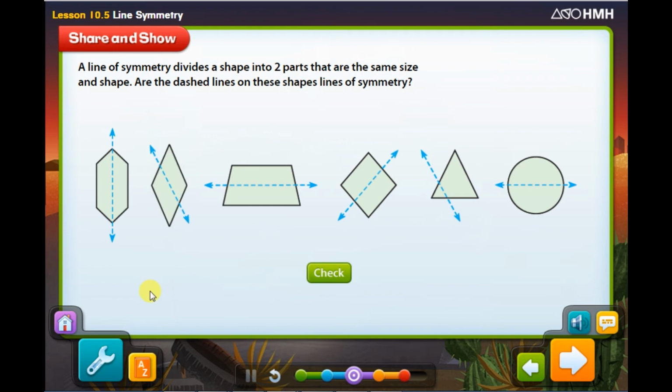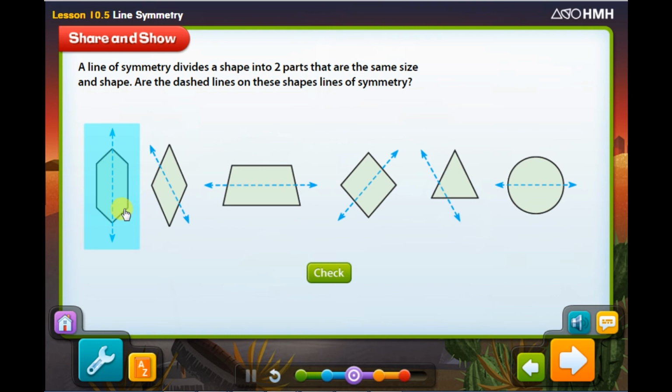Now, is it a line of symmetry here? It looks alike, but they are not matching exactly, like 100%. This part is a bit smaller than this part. So now, can I consider this a line of symmetry? No, absolutely not. I can't.